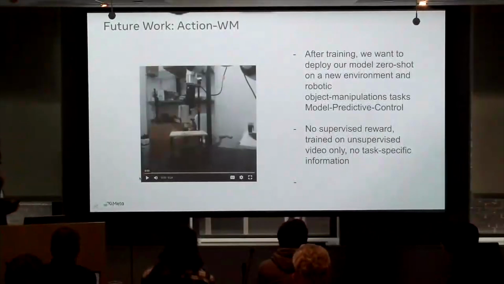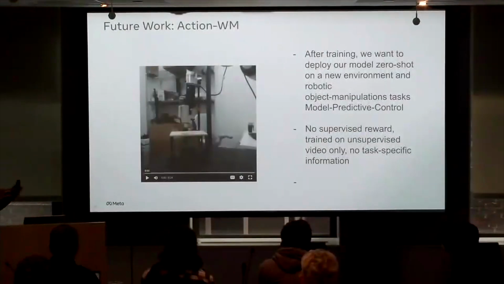So here's a robot that we have in our lab in Montreal. We don't have any training data of this specific robot in our training set. We don't train on this robot. We don't have any camera calibration. We just put a camera roughly at the same position as in the DROID dataset, and then we deploy our world model.